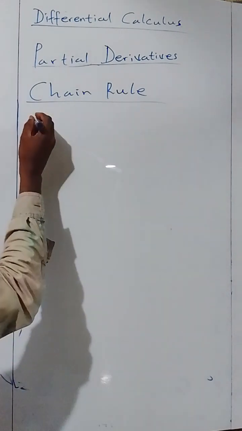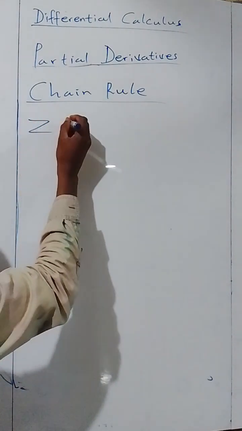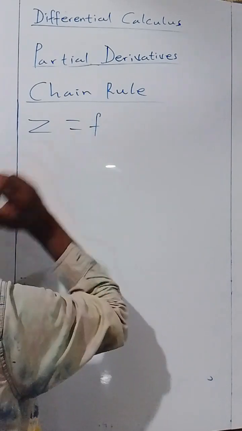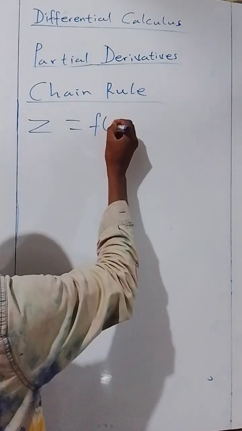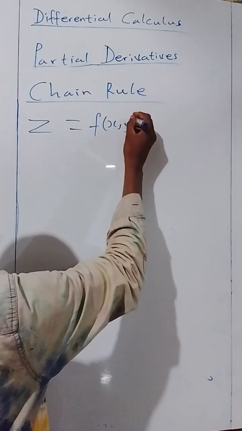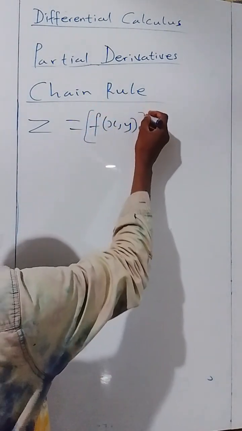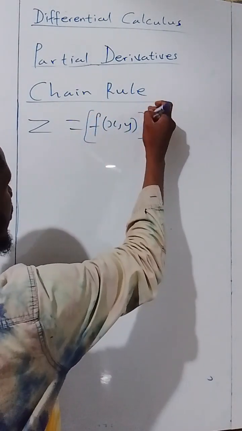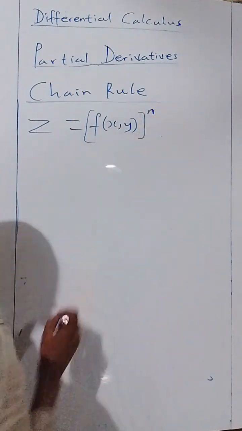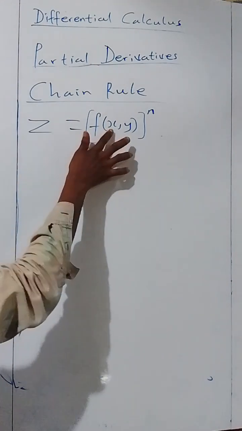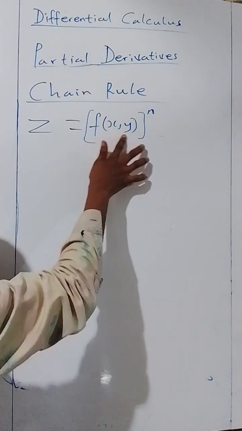So let's assume we have a function z equals f of x, y, and this function itself is raised to the power n, where n here is a real number. So how do you find the partial derivative of z with respect to x and y?